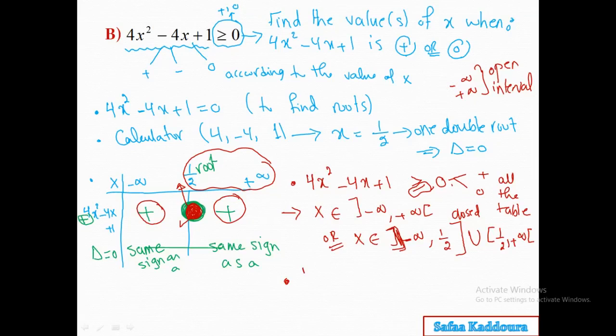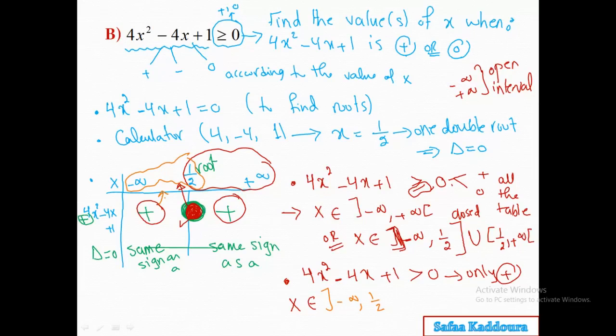If I ask you to solve 4x squared minus 4x plus 1 only greater than 0, meaning only positive, what will I write? X belongs to the first positive sign, from minus infinity to half.